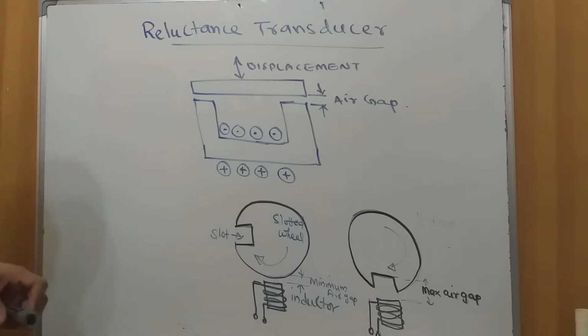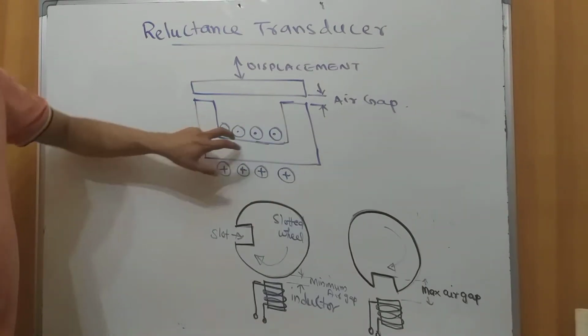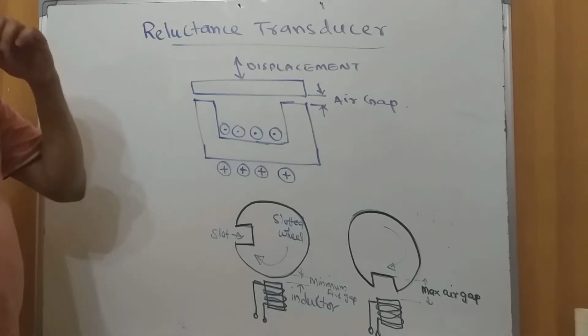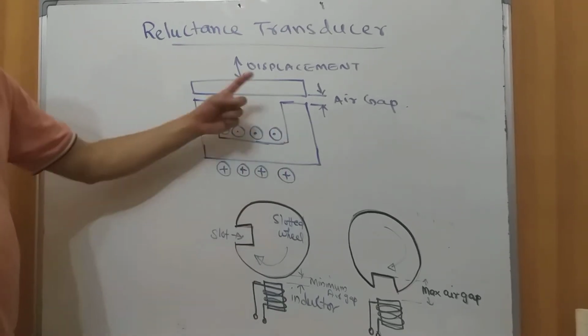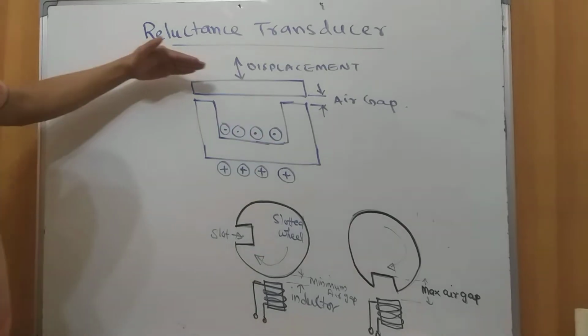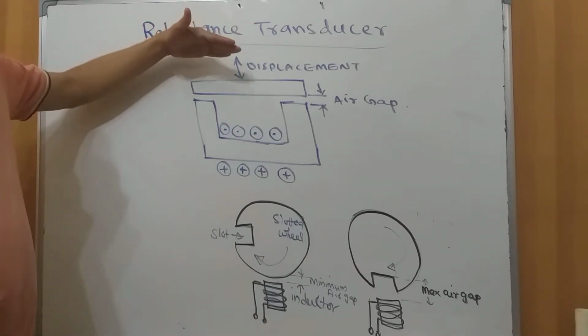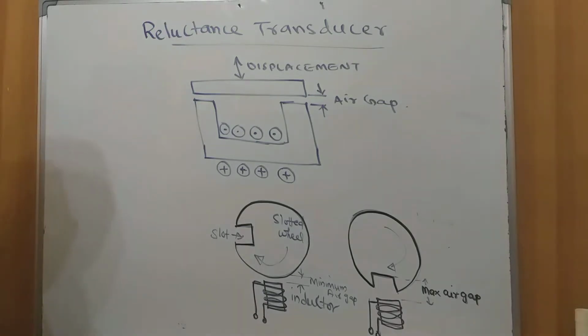So in this particular model of reluctance transducer, this indicates the core of the inductor. These are the coils wound over the core, and there is a part which is the moving or displacing part.